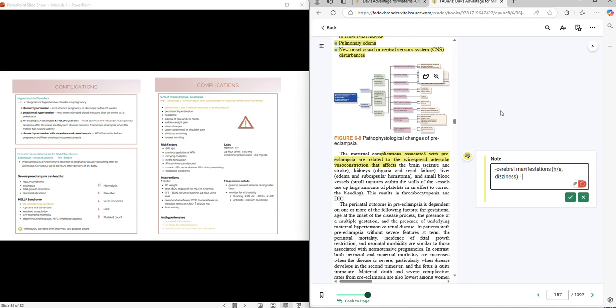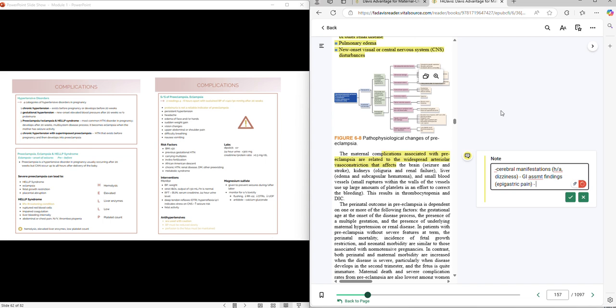Then you have GI assessment findings. I'm abbreviating. And this will be what? Epigastric pain. So you're going to see epigastric pain during preeclampsia. That's another sign of it.